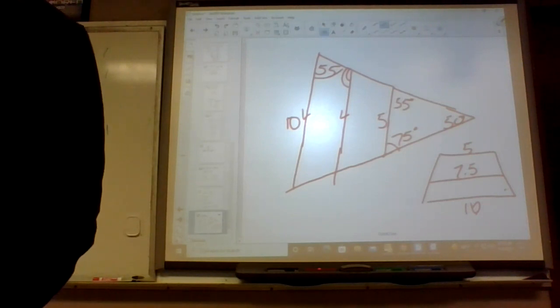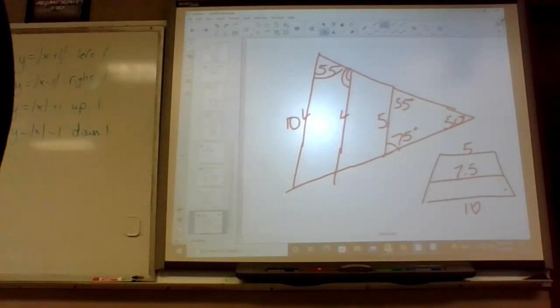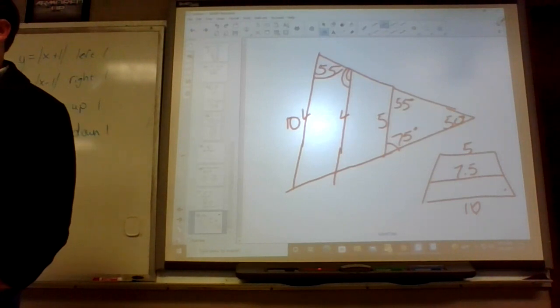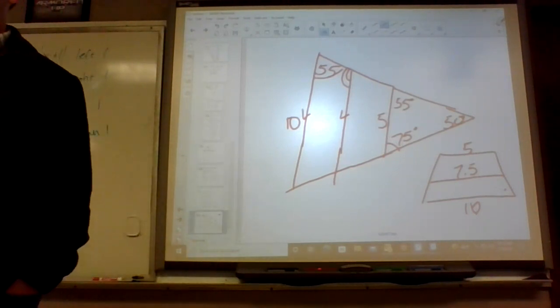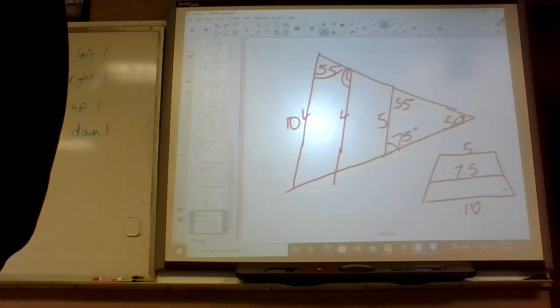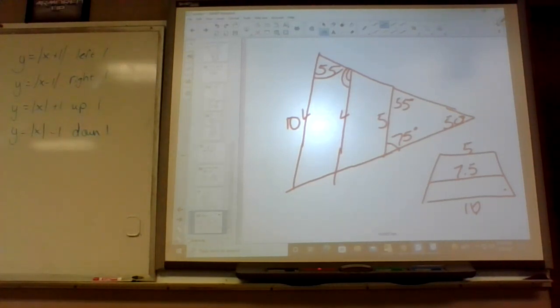Anyways, number 12. Guess what? We can kind of just look at the picture and guess what they're going to ask you. What are we going to do on 12? Find y and x. How can I find y? The way they ask it is, what does y need to be to make this a parallelogram? The opposite sides need to be equal.